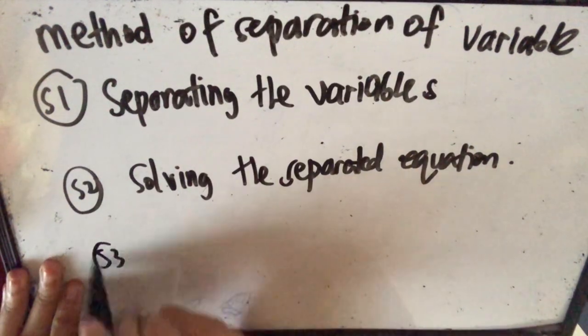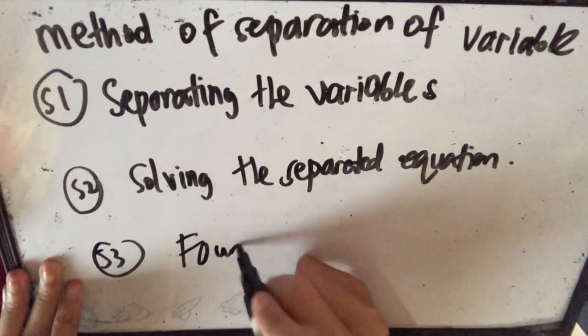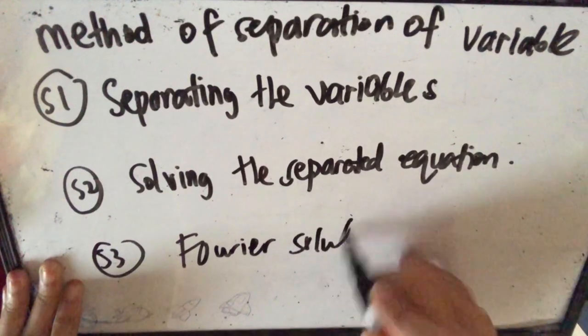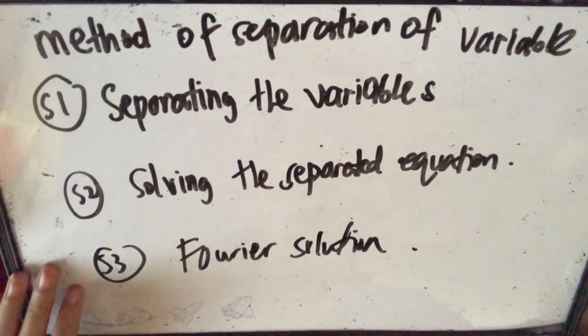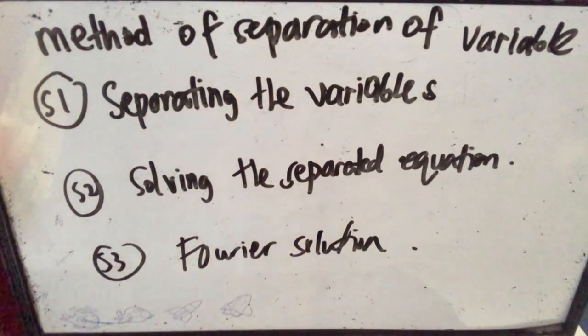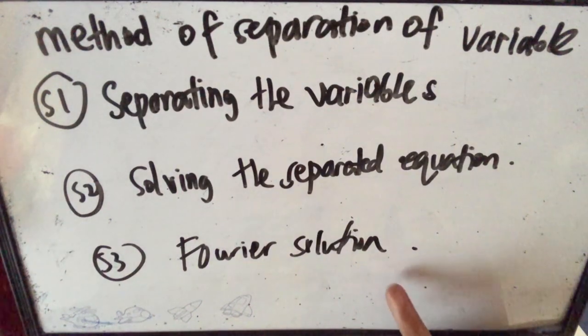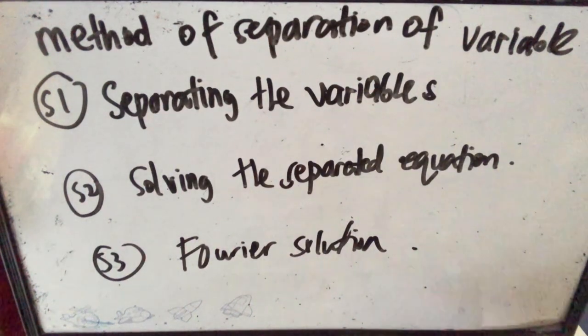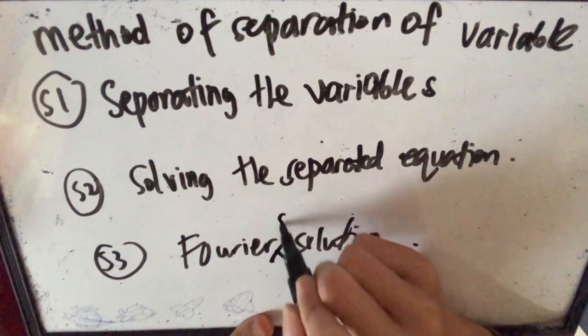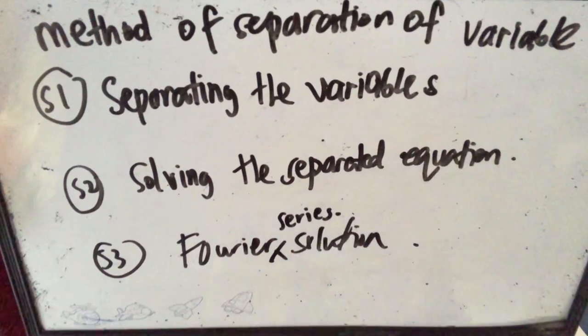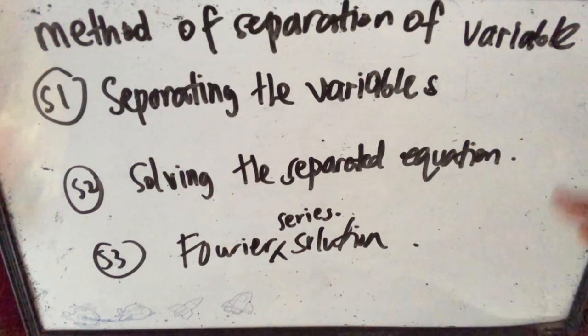And the last one, we will apply the Fourier series to get the Fourier series solution. So you need to refer back to the previous chapter on Fourier series solution, because what you learned there, we will apply in this chapter again. These are the 3 main steps to solve a PDE using the method of separation of variables.